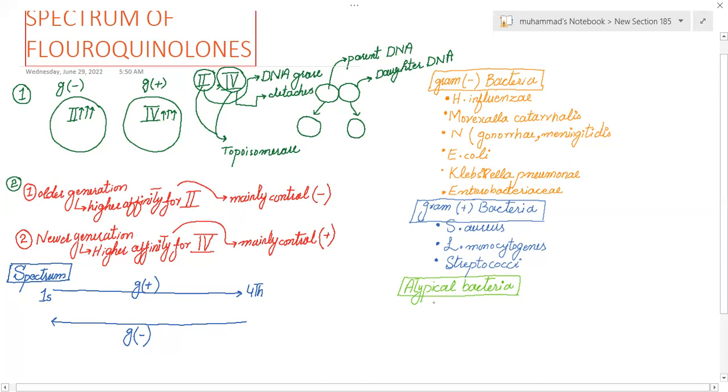For example, Chlamydia species, Chlamydia trachomatis, and Chlamydia pneumoniae.